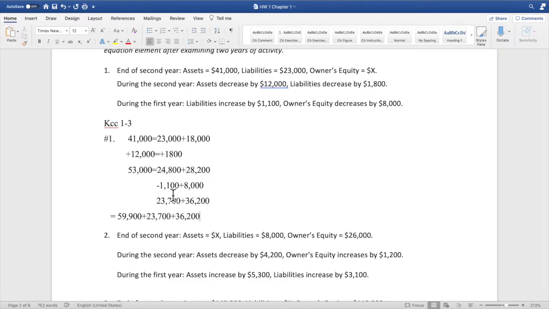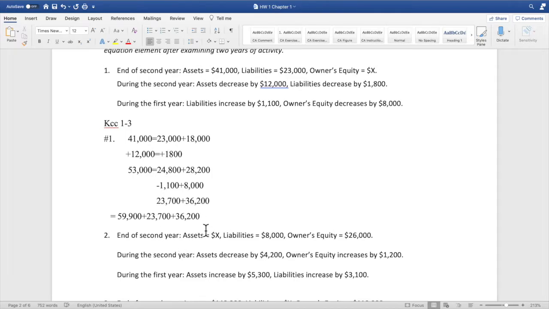So we have to subtract the 1,100 because it's the opposite of increase because we're working backwards. And we have to add the 8,000 because it's the opposite of decrease. Again, we're working backwards. So we have liabilities of 23,700 and owner's equity of 36,200.